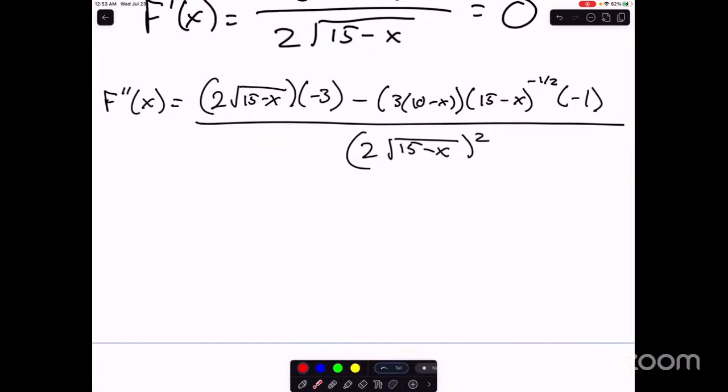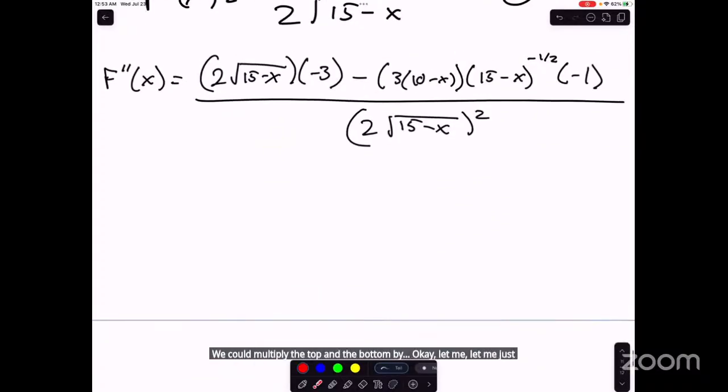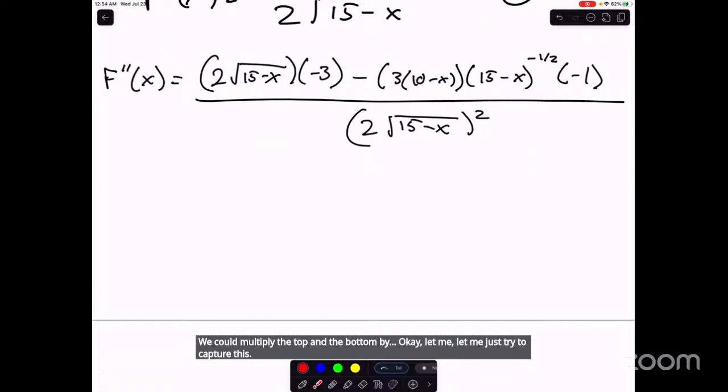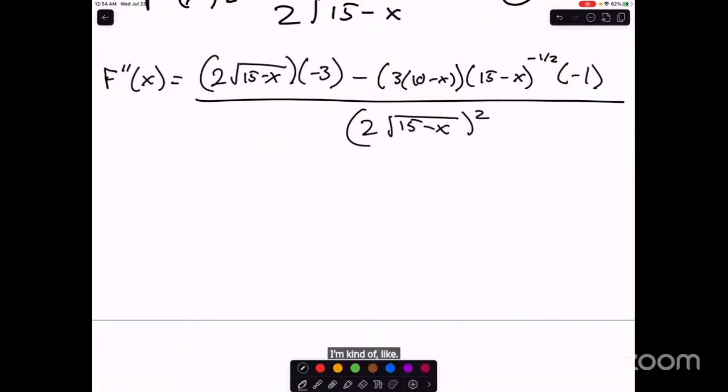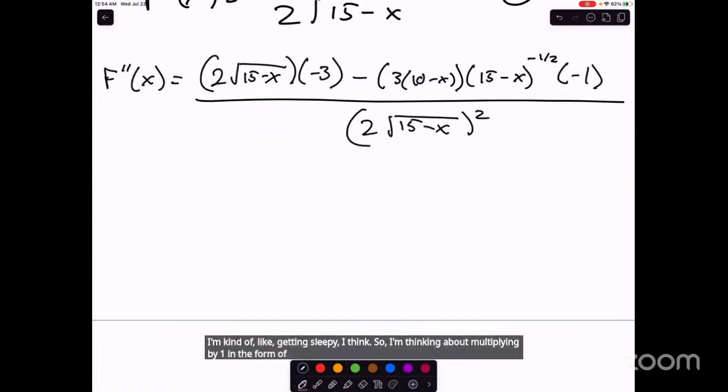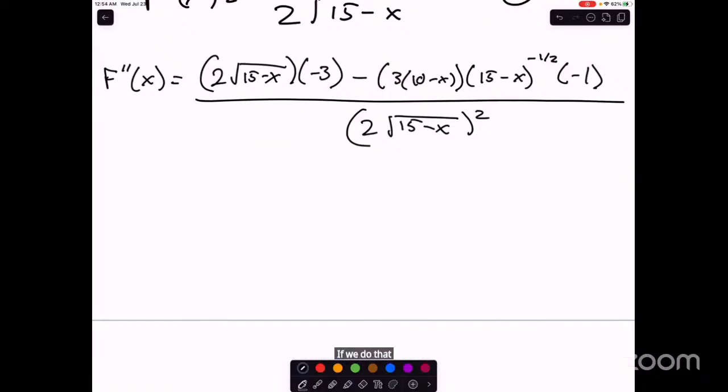We could multiply the top and the bottom by... okay, let me just try to capture this. I'm kind of getting sleepy, I think. So I'm thinking about multiplying by 1 in the form of root 15 minus x over root 15 minus x. If we do that, let me see.